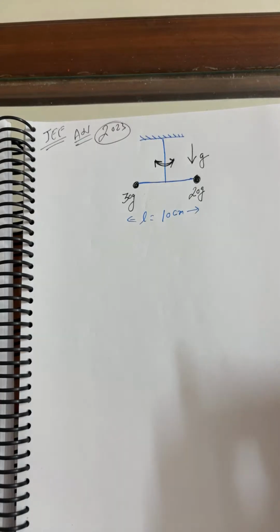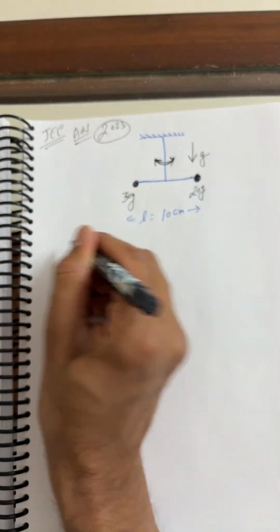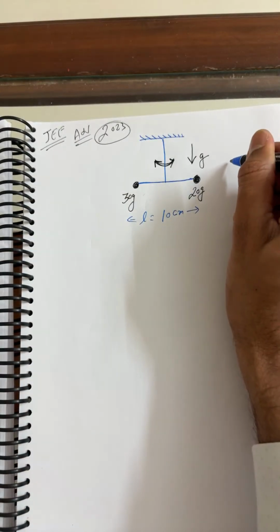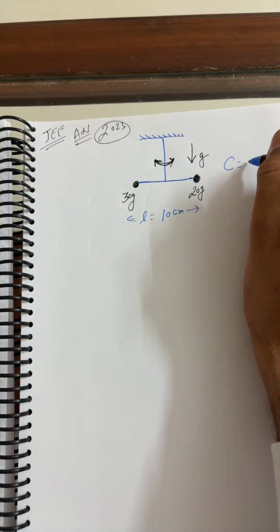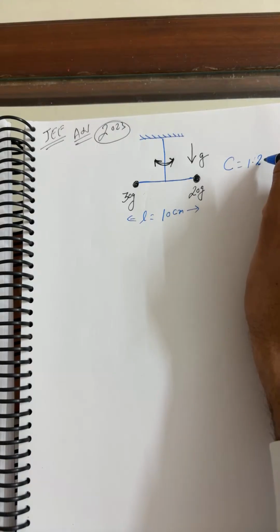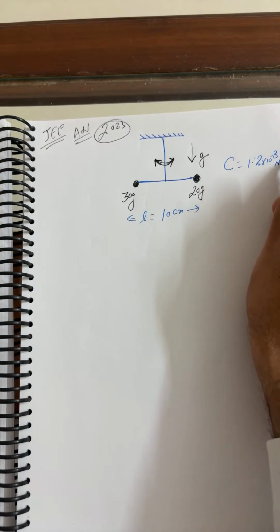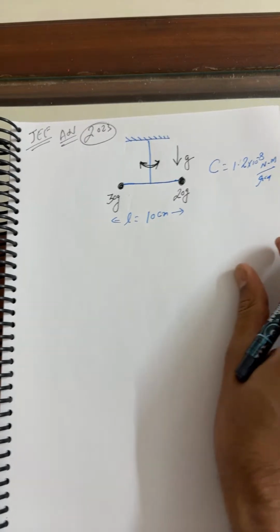The torsional constant is mentioned here. The torsional constant C is 1.2 into 10 to the power minus 8 Newton meter per radian.